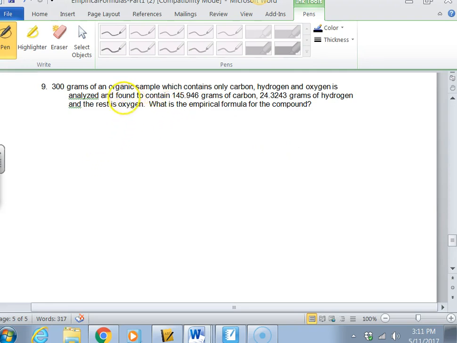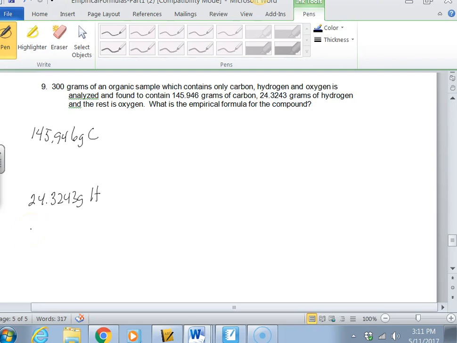Last example, 300 grams of organic compound contains carbon, hydrogen, and oxygen again. It's found to contain 145.946 grams carbon, 24.3243 grams hydrogen, and the rest is oxygen.